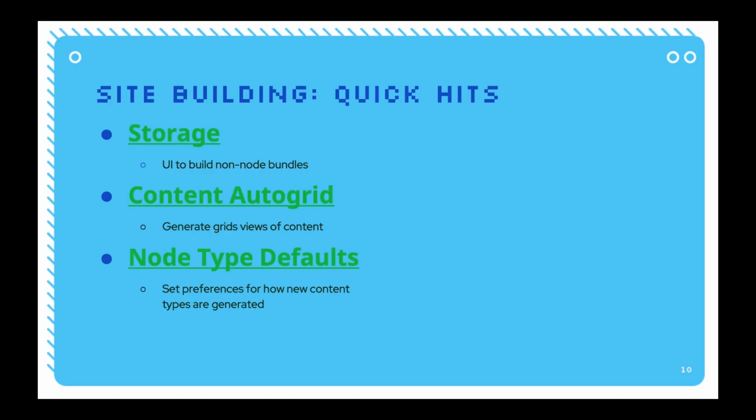So a couple of ones that I wanted to quickly talk about, because there's probably less to show. The storage module is something that I created as a generic way to make fieldable bundles. So almost like content types, but they're not really intended to be accessed directly on their own. Sometimes you'll see in a content architecture people create a content type to have some kind of nested entity.